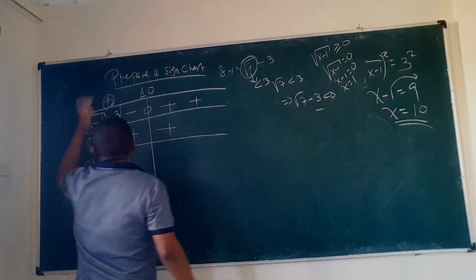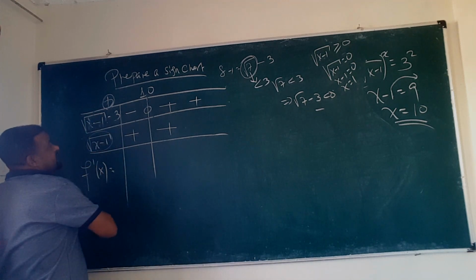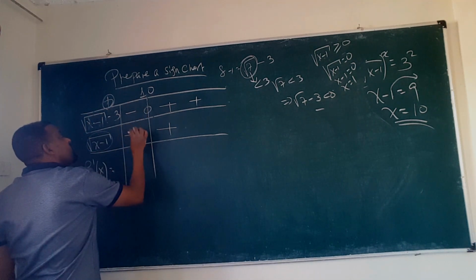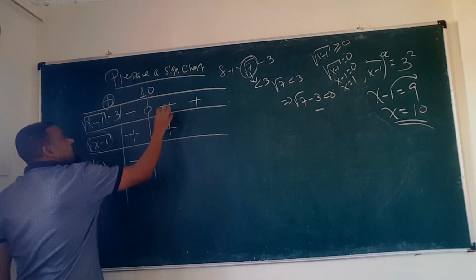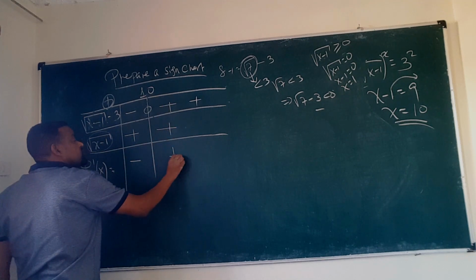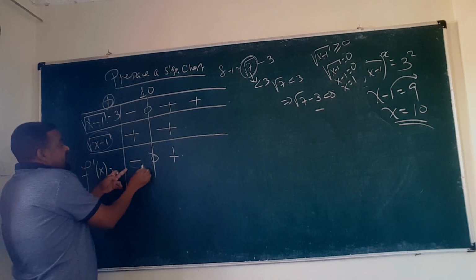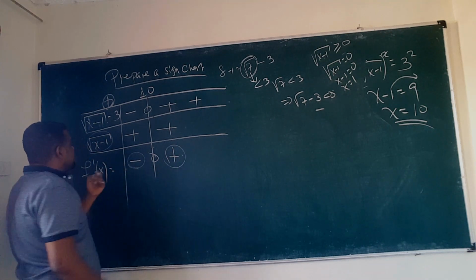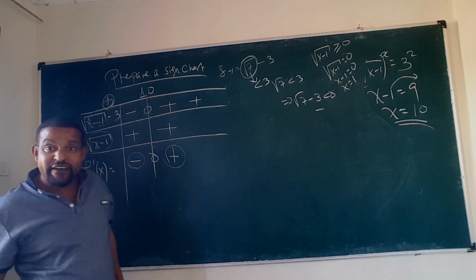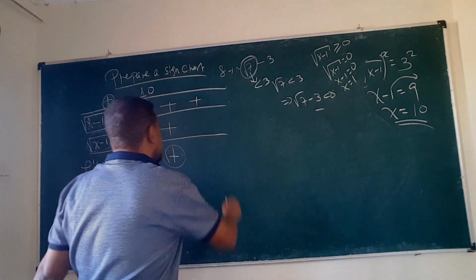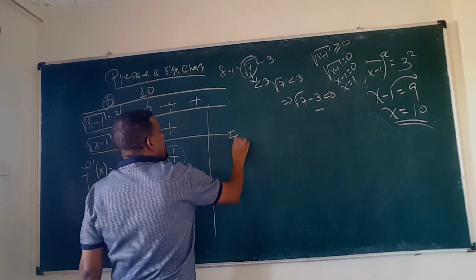So the first derivative is negative over positive, which is negative, and positive over positive is positive. At 1 it is 0, a problem. So now we found the intervals where the first derivative is negative and where it is positive.